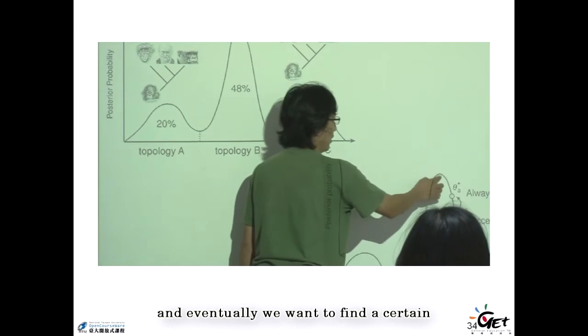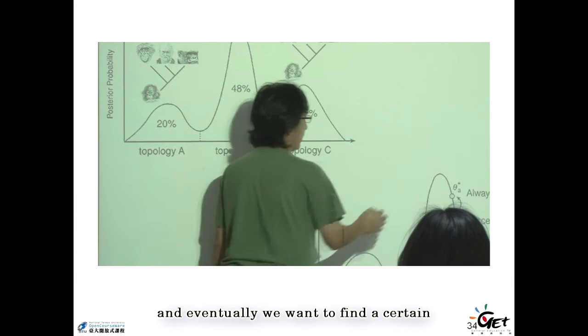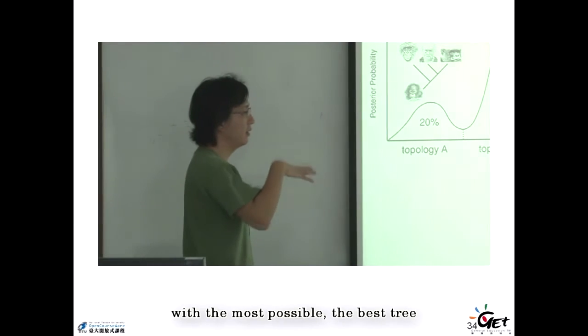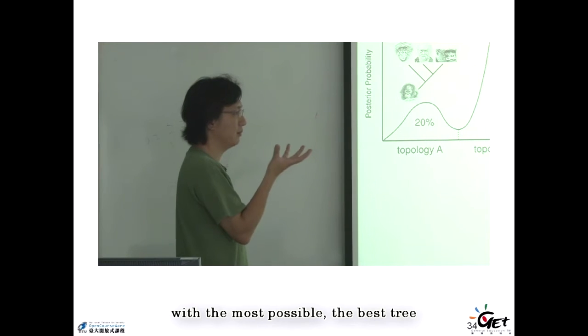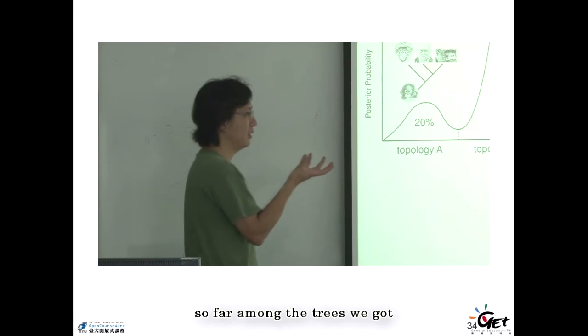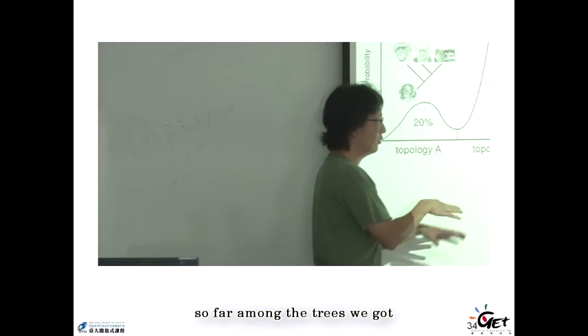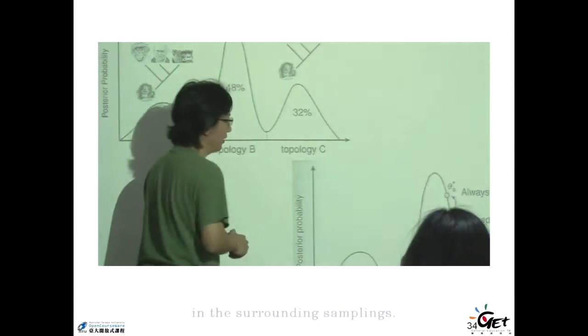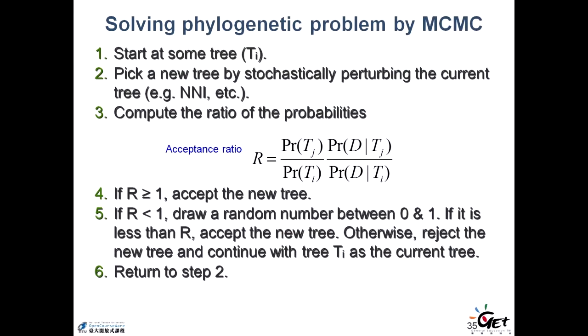Eventually we want to find a distribution with the most probable, best tree so far among the trees we got in the surrounding samplings. And how do we do that? This is the MCMC process.